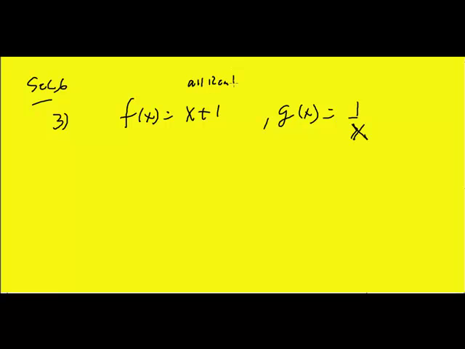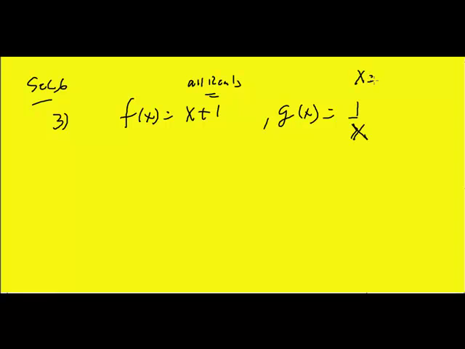Section 6, number 3. F of x is equal to x plus 1. G of x is equal to 1 over x. Again, let me repeat this. You have to first identify the domain of each one of these functions. This is all reals. There's not a number I cannot use there. But I do have a restriction here.